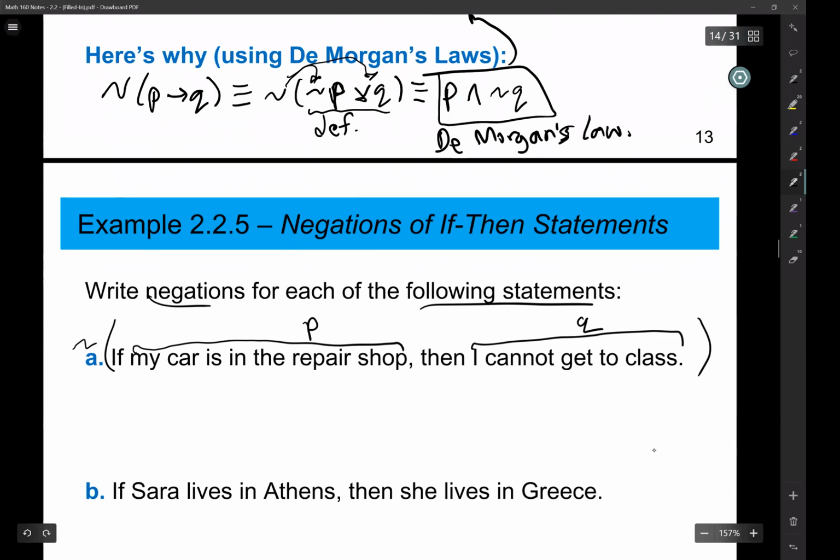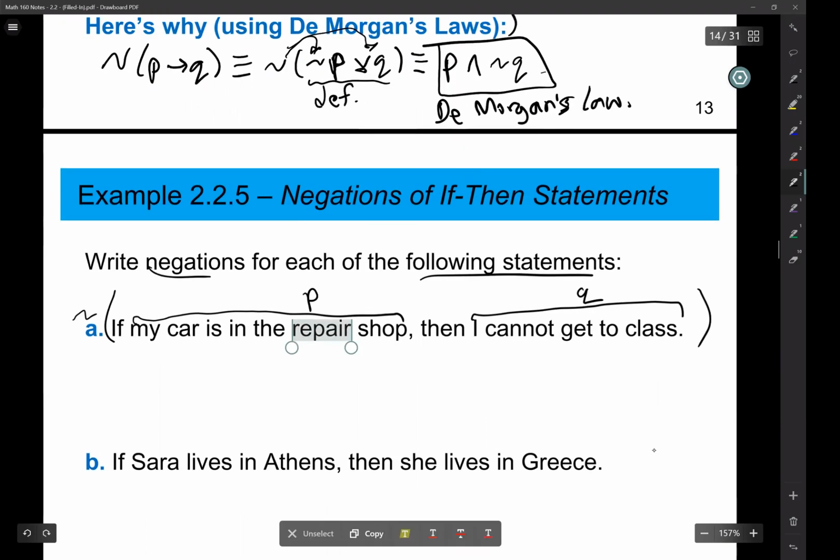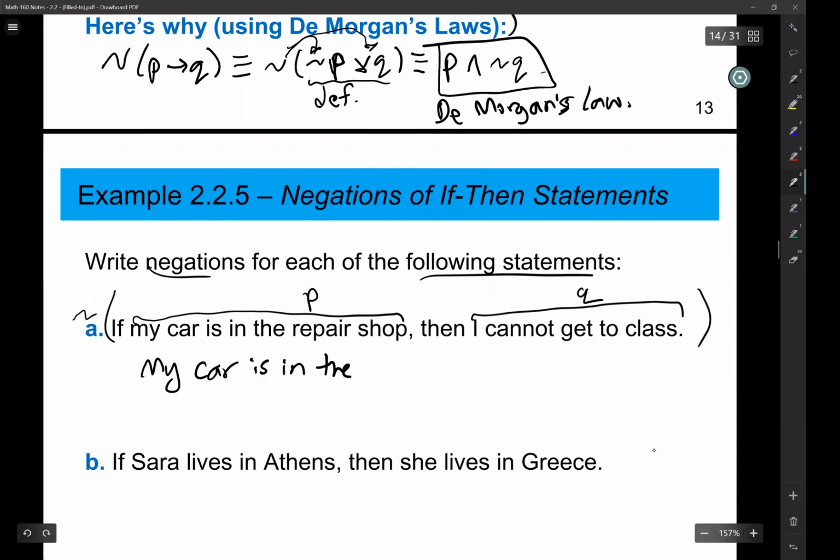Up here it says the negation of a conditional is the first thing, the hypothesis, and not the conclusion. So I'm just going to write the hypothesis: my car is in the repair shop. And I need to negate this, and I can get to class.